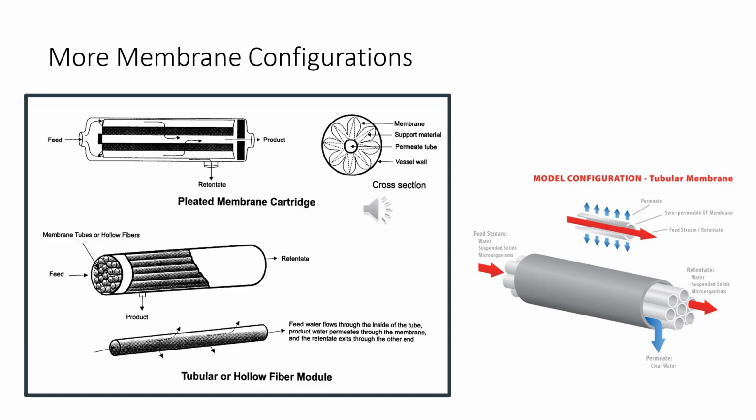A tubular membrane module is a tube-like structure with a porous wall, and tubular modules work through tangential cross flow and are generally used to process difficult feed streams such as those with high dissolved solids and high suspended solids.